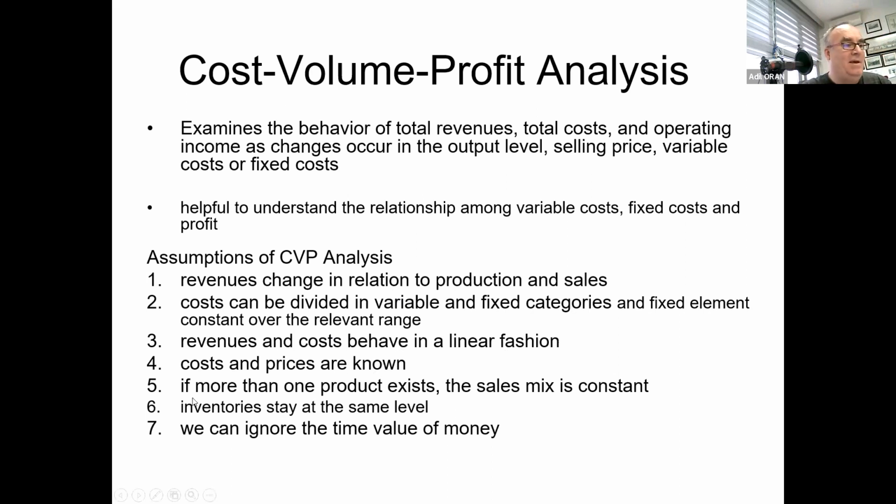Okay, very good. If more than one product exists, the sales mix is constant. In our initial examples, we will be focusing on companies that produce and sell only one type of product. In reality, companies typically have more than one type of product.